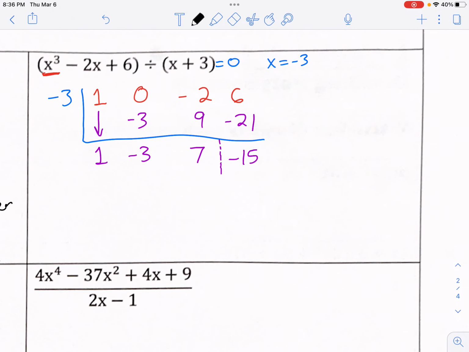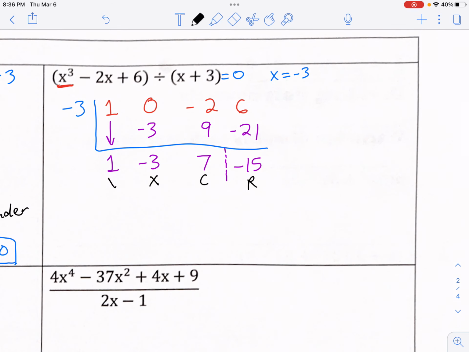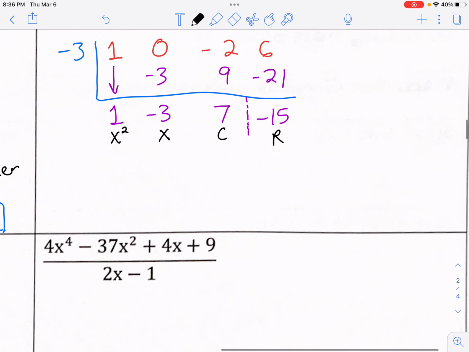So this is going to be my remainder. This is my constant. This is going to be linear, or my x term. And this would be my x squared term. The last one is always going to be your remainder. So let's translate our answer in the bottom. First one is going to be right here. This is going to be 1x squared, or just x squared.